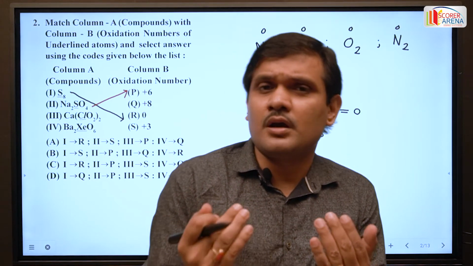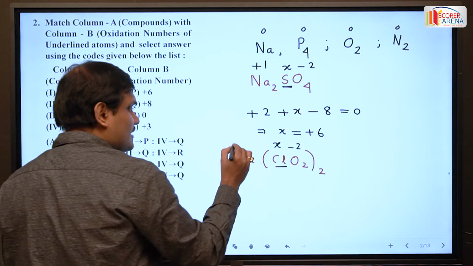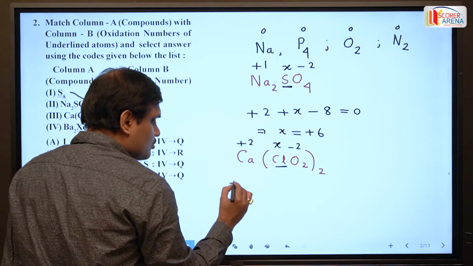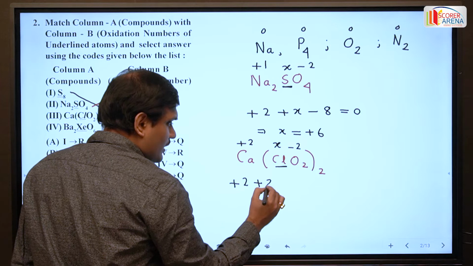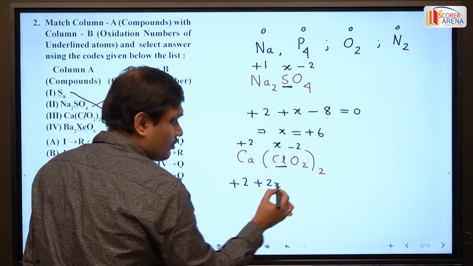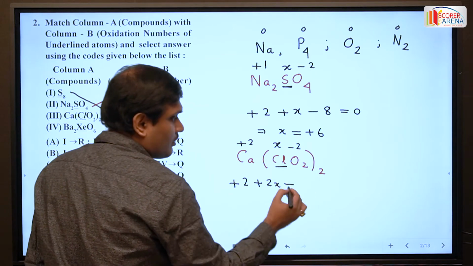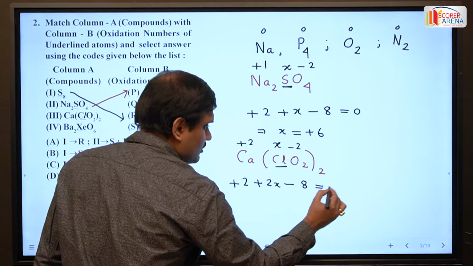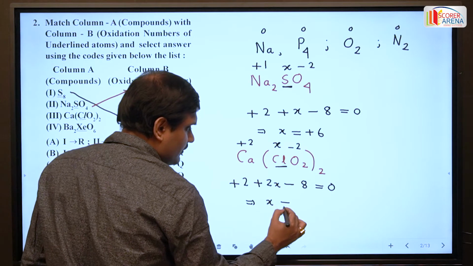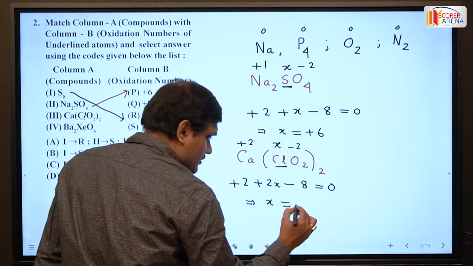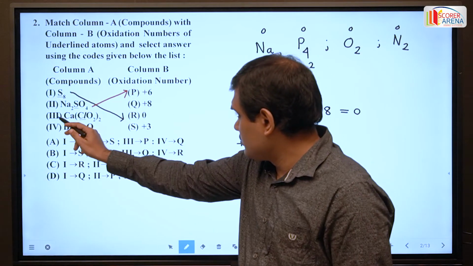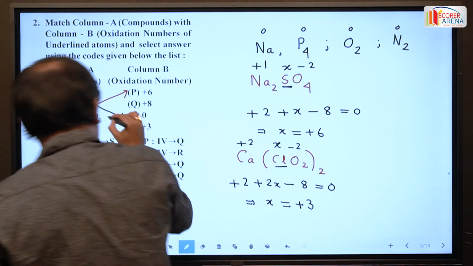So its oxidation number I will take as +2, since calcium is a metal. Let us frame the equation: +2 plus 2X, because for each chlorine atom I am taking X, so for 2 chlorine atoms it will be 2X, followed by oxygen atoms, which will be -8, and that equals 0. So we get the value of X in this case equal to +3. So this one, column 3, will have the correct option S.